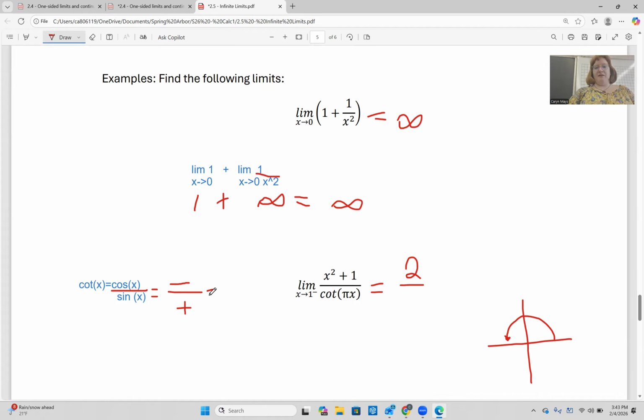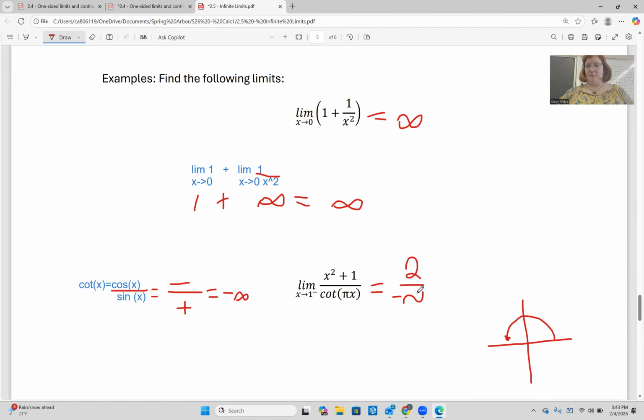So we have a negative over positive infinity, meaning which infinity? Positive or negative? Negative infinity. So ultimately we have 2 over negative infinity.